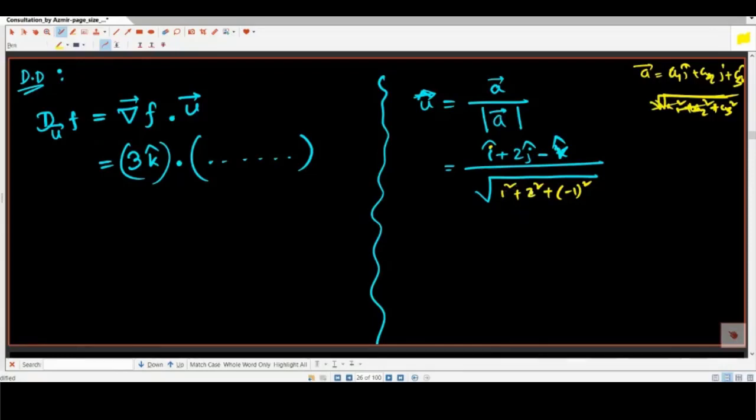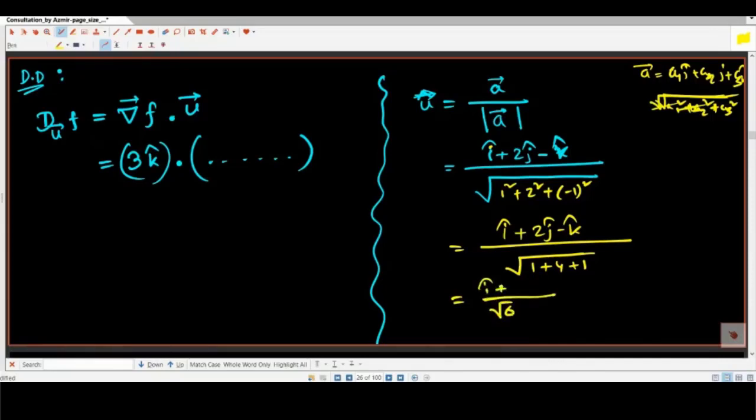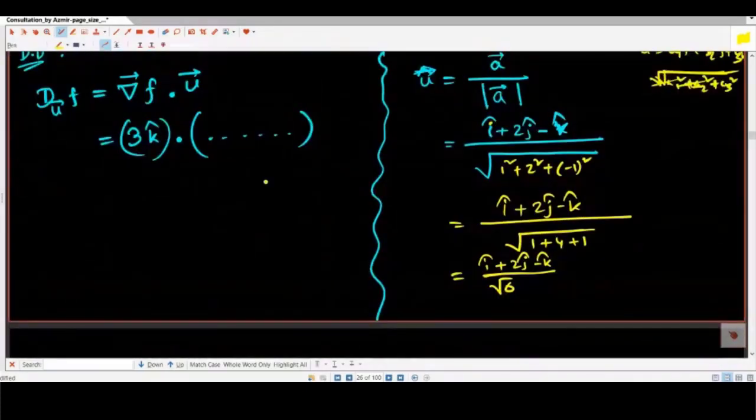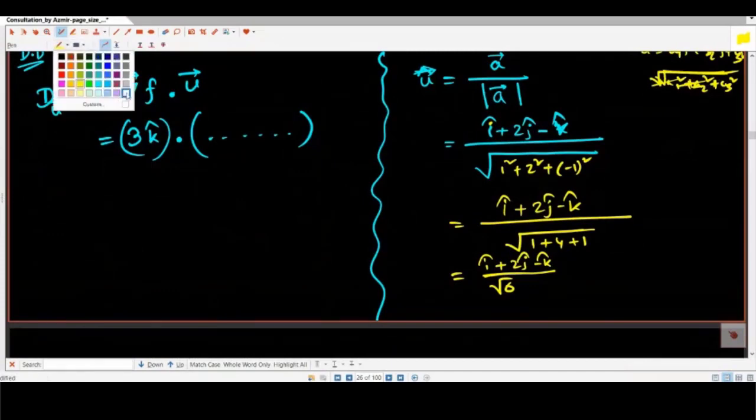So 1 squared plus 2 squared plus minus 1 squared, which is 1 plus 4 plus 1. So finally we are getting the vector (i plus 2j minus k) over root 6. So we have found the unit vector along this vector.